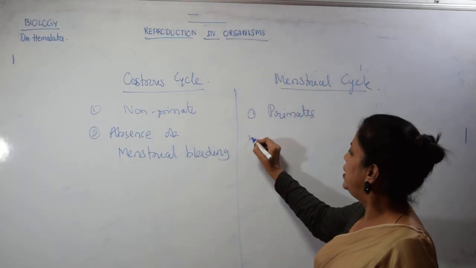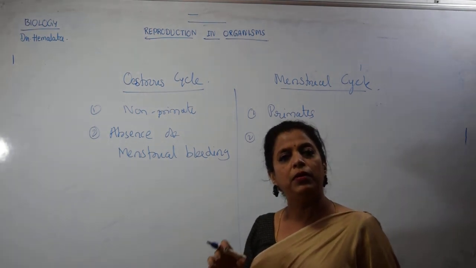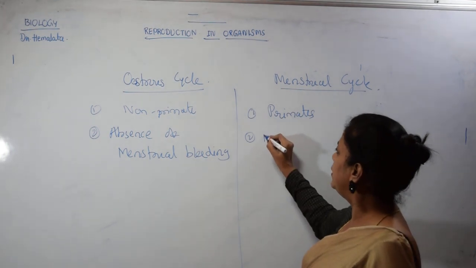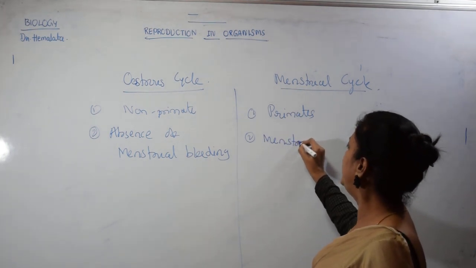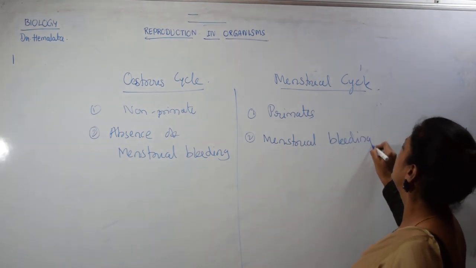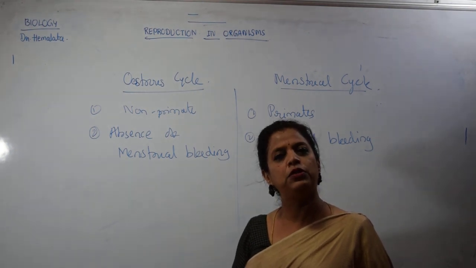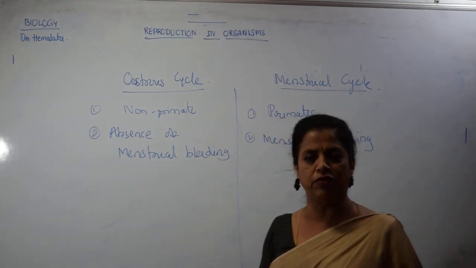Here, during the menstrual cycle, initially there will be menstrual bleeding, where the unfertilized egg, along with the epithelial tissues, is shed out.